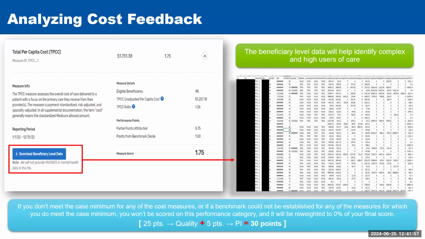In years past, we've heard about where the full points all land in quality. This is one of those years that CMS has made some more adjustments to how they reweight certain categories. And in this case, for traditional MIPS scoring in a non-small practice, if you are not scored on cost, it gets redistributed to quality and promoting interoperability.